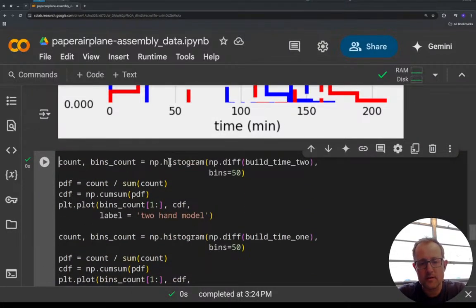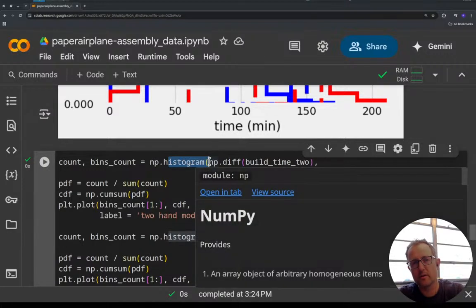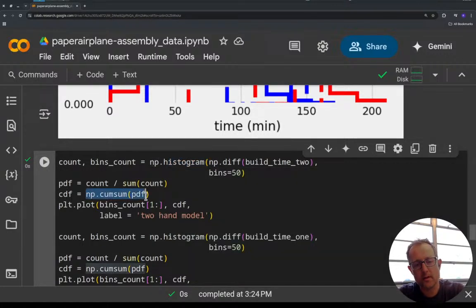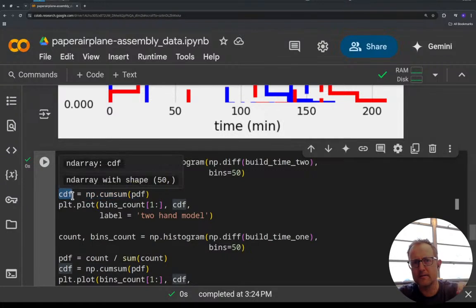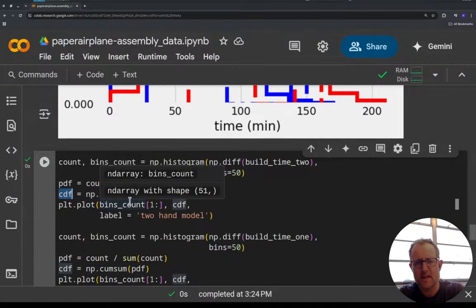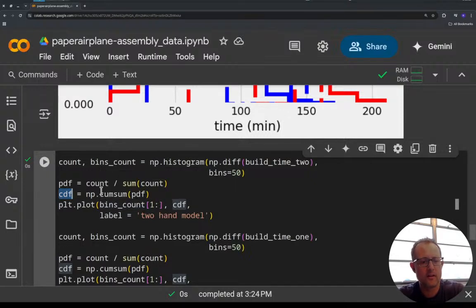And now I'm going to create a cumulative density function. I'm using this histogram to sort things into bins, and then this cumulative sum, so it's basically taking an integral of the histogram.